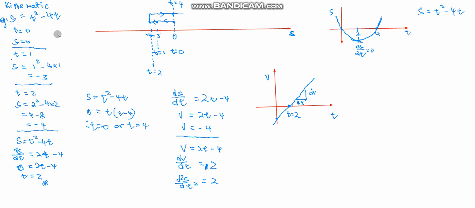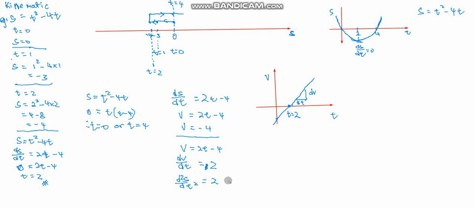But sometimes the s function could be t cubed. It could be t cubed with a t squared. Then by the time you differentiate d2s over dt square, you get a function of t, not a constant.